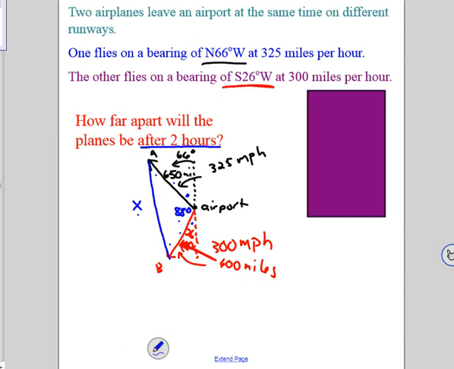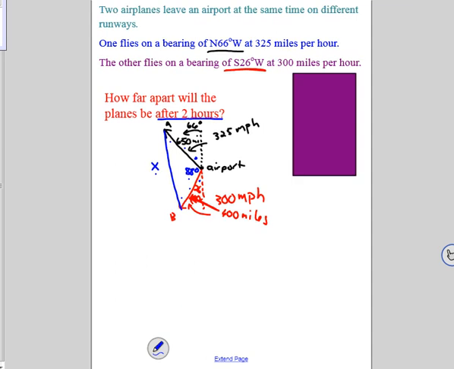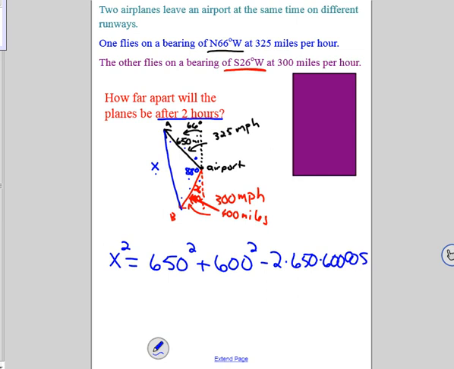What I look at when I see this picture is I see side angle side, which tells me law of cosines. And with law of cosines, I know that x squared is going to be, and again, which one goes first doesn't matter, 650 squared plus 600 squared minus 2 times 650 times 600 cosine of the angle between, which is 88 degrees.